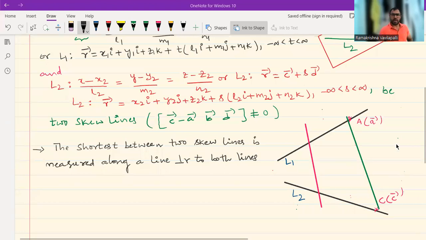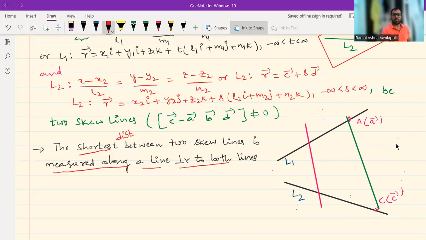In order not to waste time, I have drawn the diagram here. The shortest distance between two skew lines is measured along a line that is perpendicular to both the lines.